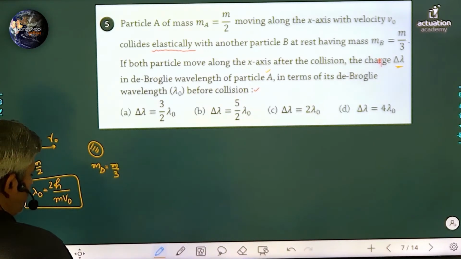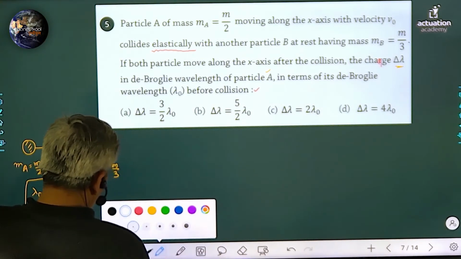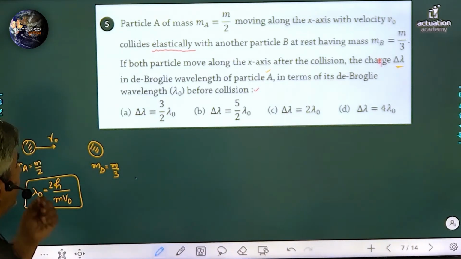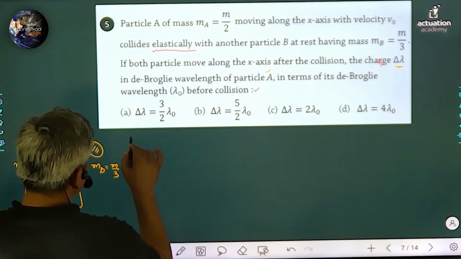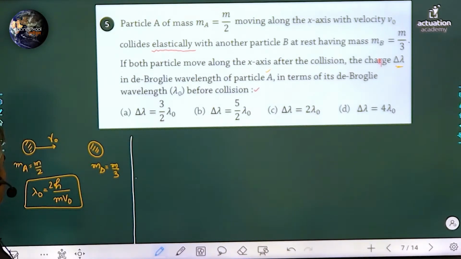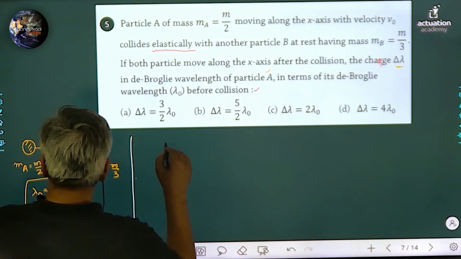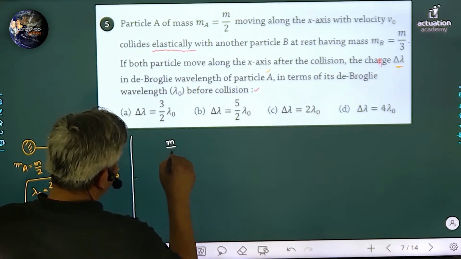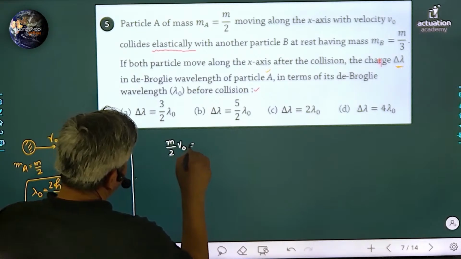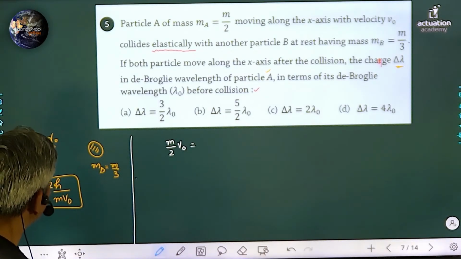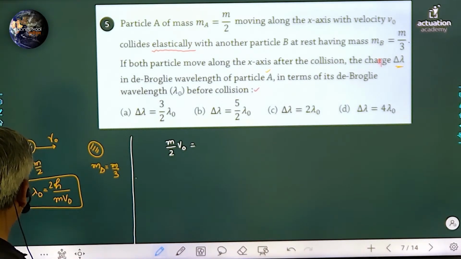Now let's find the wavelength of particle A after collision. Because this is an elastic collision, we can make use of conservation of momentum. The initial momentum, m by 2 v naught, must equal the final momentum.